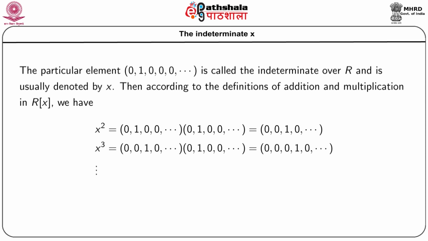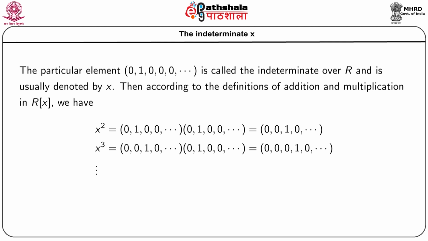into the classical form. Now, let me define the symbol x formally. The particular element (0, 1, 0, 0, 0, and so on) is called the indeterminate over R and is usually denoted by x.